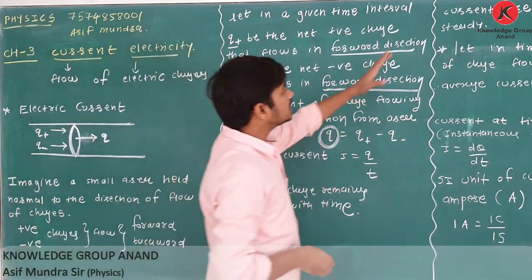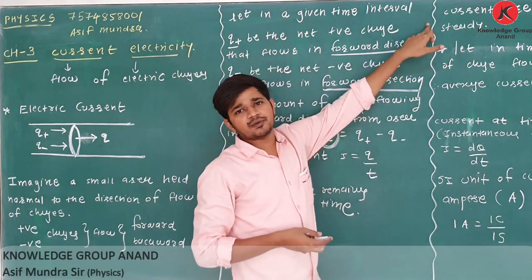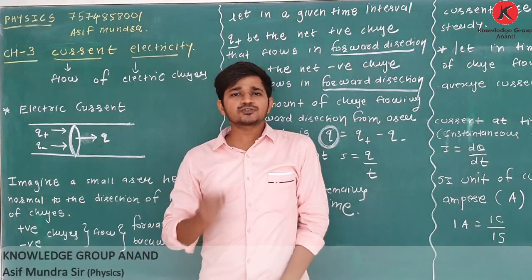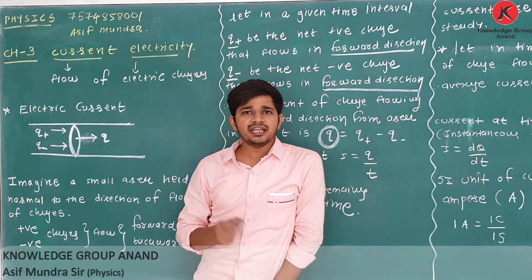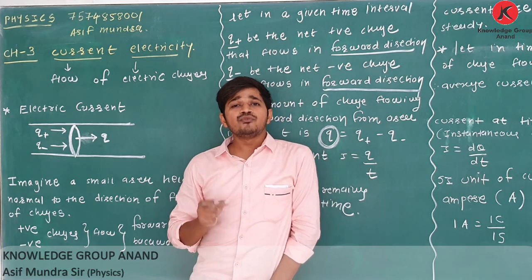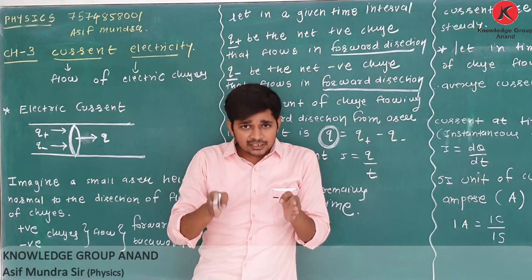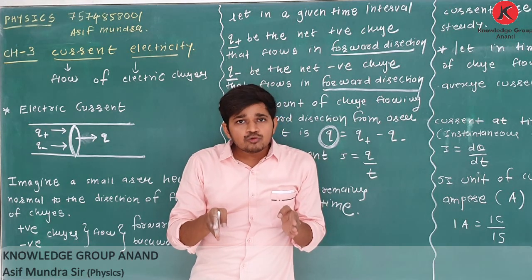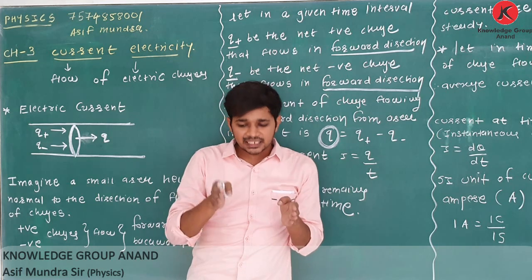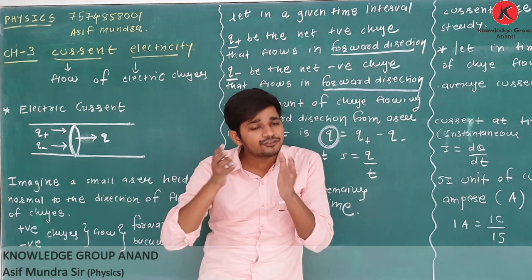So see, currents are not always steady. Whenever the charge flowing through any area changes with time, we have to take some time interval. In that time interval, you have to find the charge at each and every time and take its average.